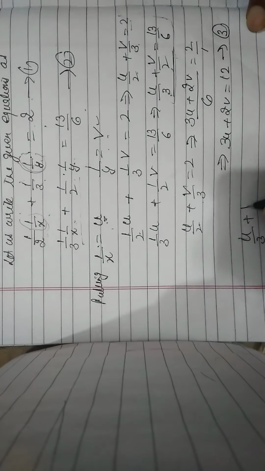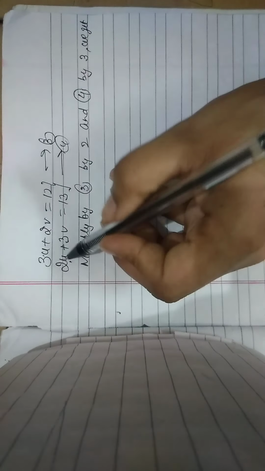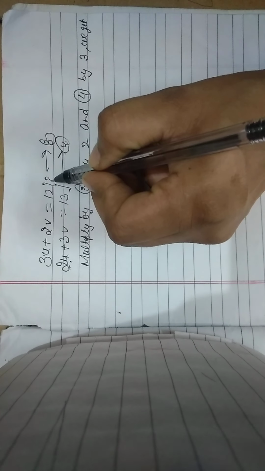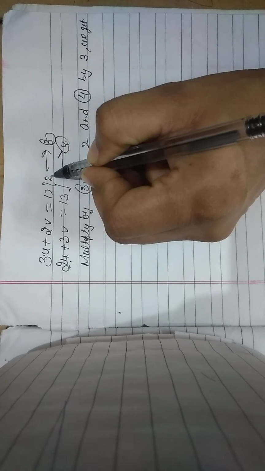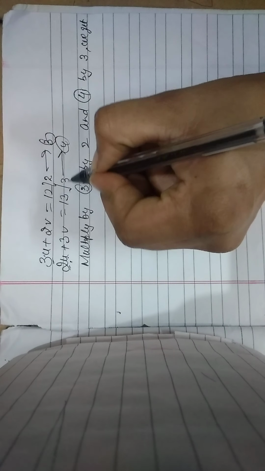Now we are solving these equations by the elimination method. You can solve with any method. In the elimination method, firstly always multiply with the opposite coefficient to make the numerical value of the coefficients equal. Here the coefficient of u is 2 in one equation and 3 in the other, so one equation is multiplied by 2 and the other by 3.